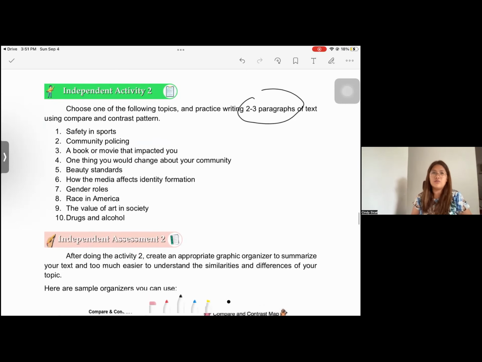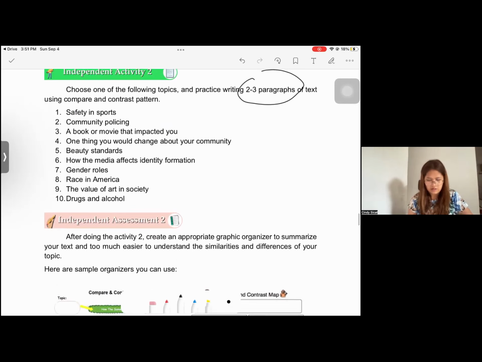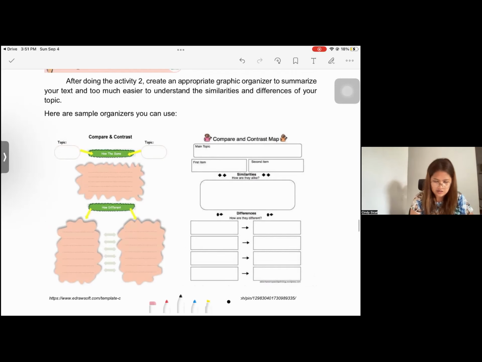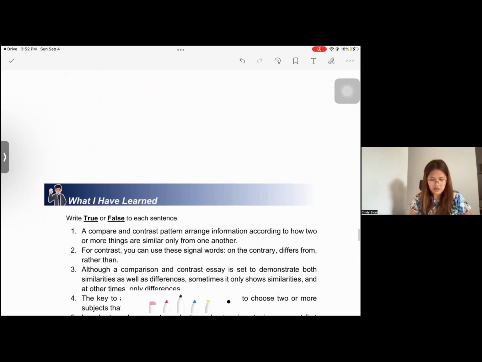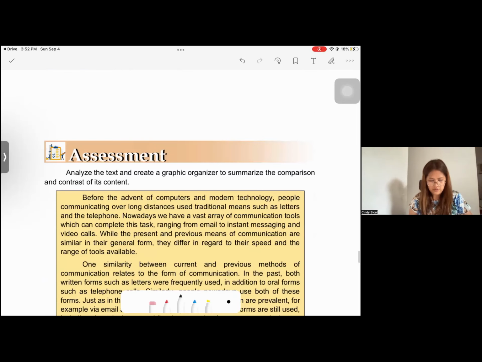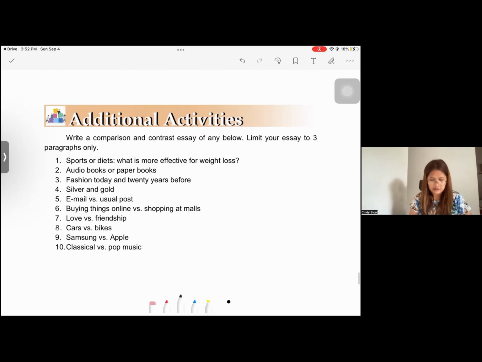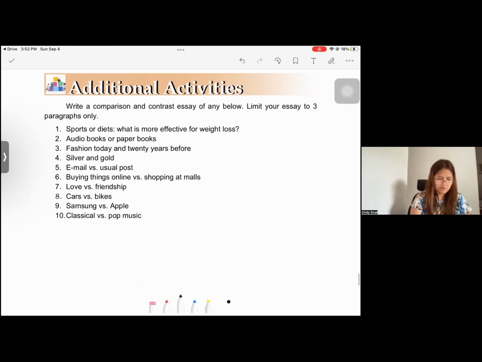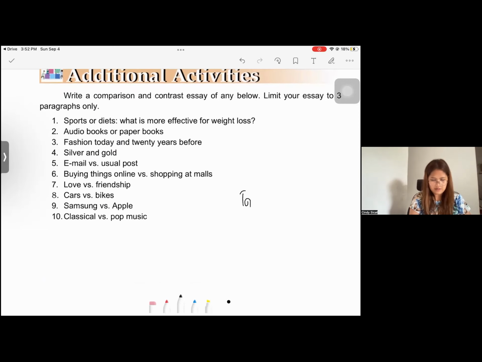So allow me to help you with an overview, okay? So you have these organizers, right? You can use this, or the Venn diagram. The best thing that you could do to be able to write a comparison and contrast essay is pick a topic first. Topic, okay?